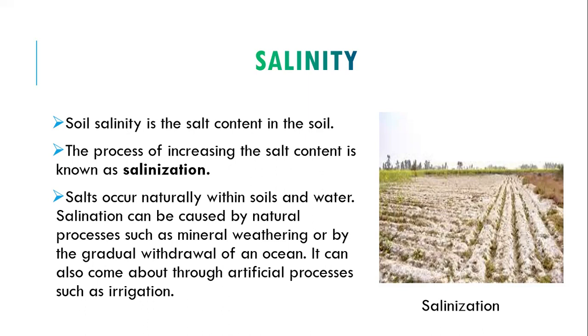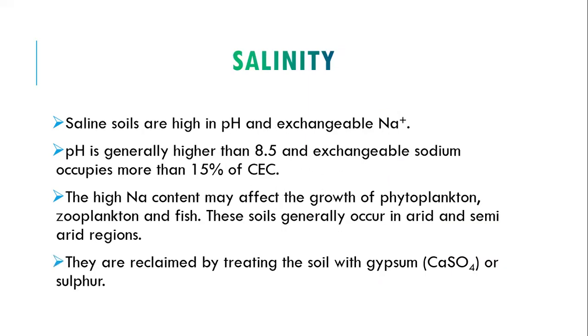But more briefly about salinization, the saline soils are high in pH and they have exchangeable sodium ions. So the presence of salts makes this saline soil have high pH and exchangeable sodium ions, which make up the salt. Now the pH is generally higher than 8.5, and the exchangeable sodium occupies more than 15% of CEC, that is the cation exchange capacity. Now, the high sodium content may affect the growth of various plants.